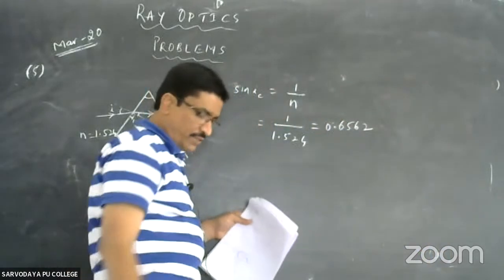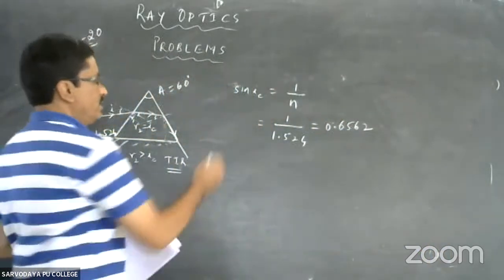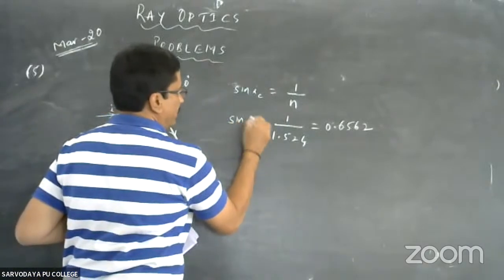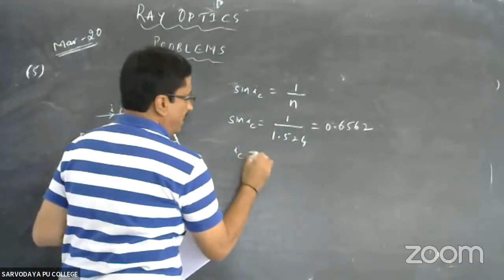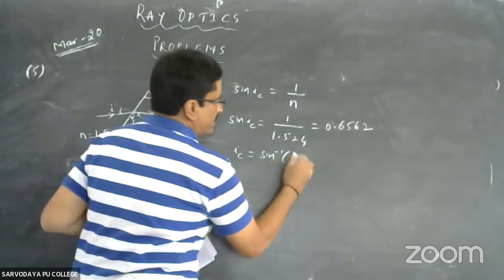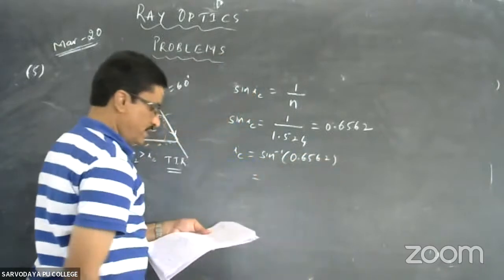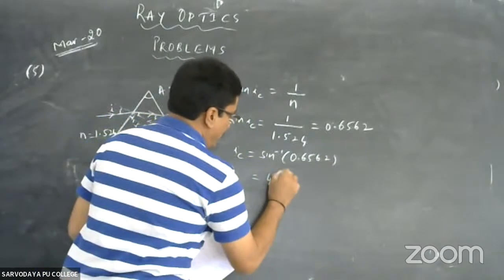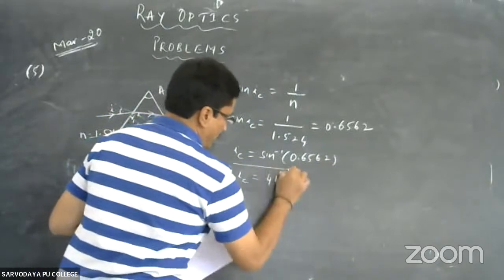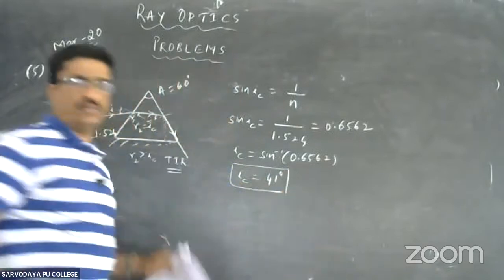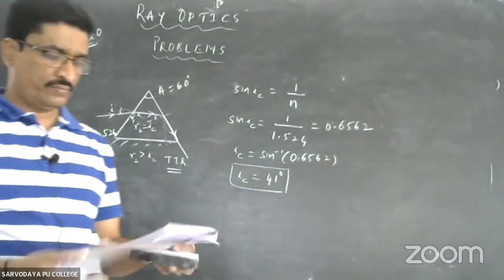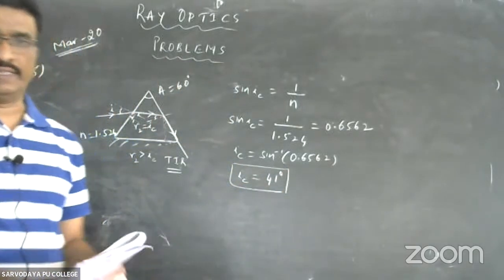This is sin of the critical angle. Therefore, critical angle is sin inverse of 0.6562. This is 41 degree. The critical angle is equal to 41 degree. This is the value we get.